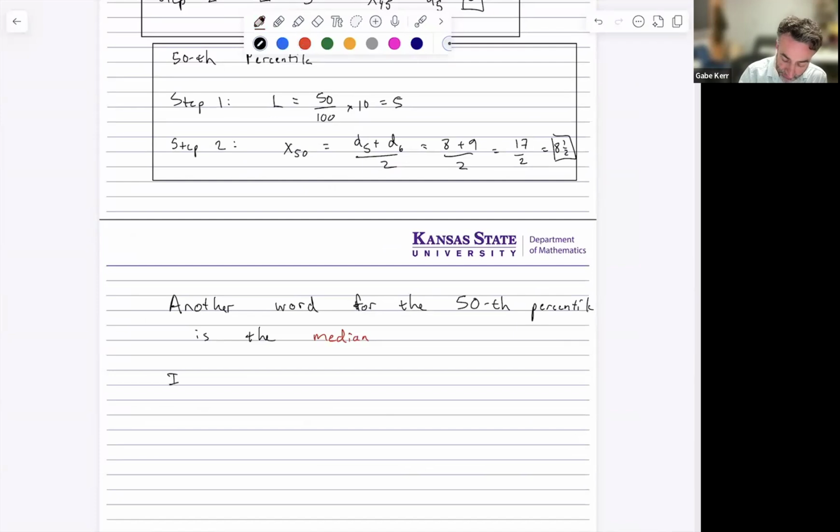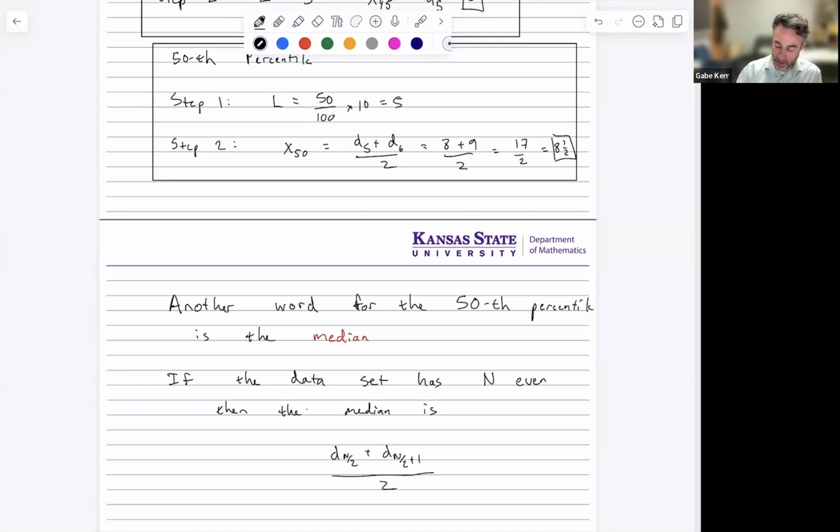So if the data set has n even, then the median is just going to equal d of n over 2 plus d of n over 2 plus 1, over 2.